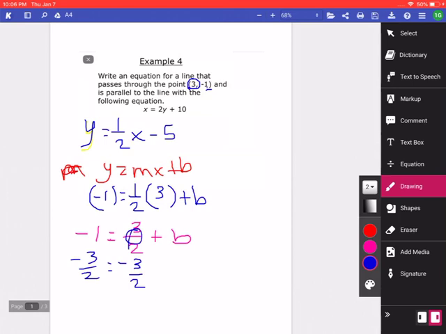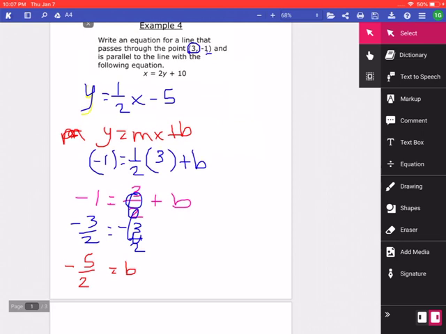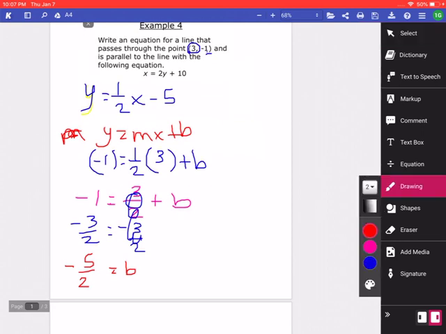Okay, so this one here is gone. Now -1 minus 3/2 gives us -5/2 equals b.